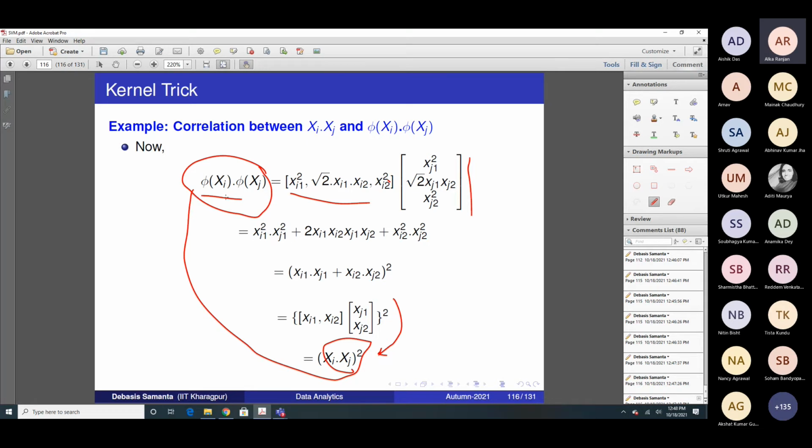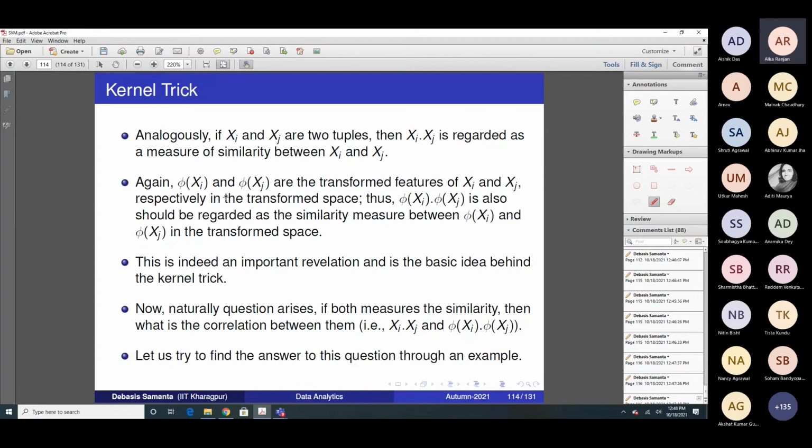Now it has another physical implication. What does it mean that xi dot xj or phi xi dot phi xj? What is the physical meaning of these two dot products? To understand this concept, xi and xj are two vectors in x space.